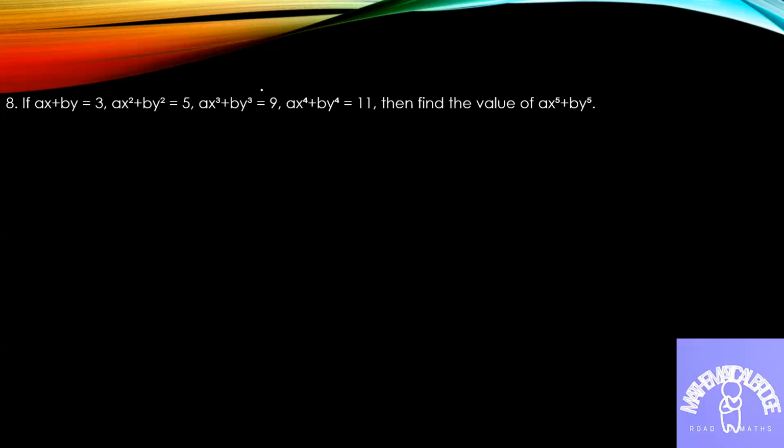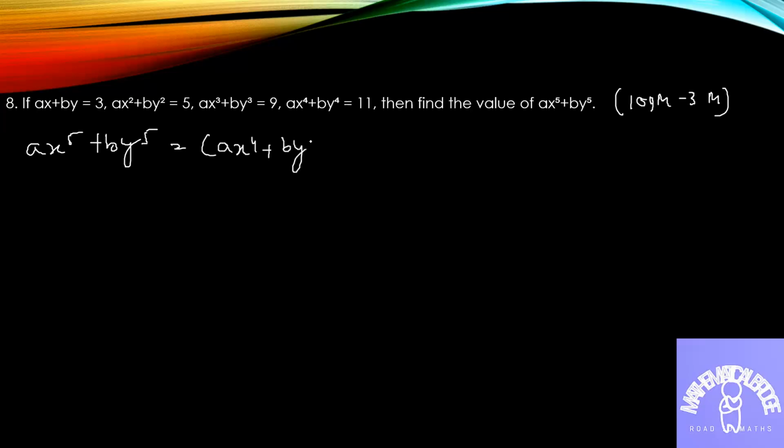Okay, this question can be approached by a very simple method. See how to do this. This type of question is actually IOQM 3 marker level. So ax5 plus by5 can be written as ax4 plus by4 times x plus y, minus xy times ax cube plus by cube.